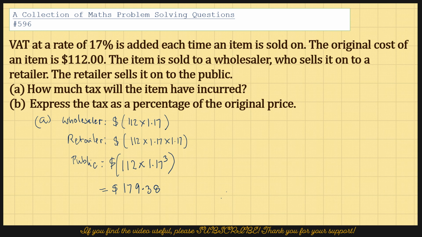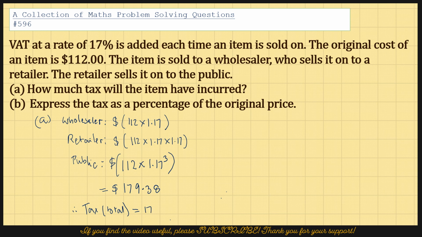So the question now is, how much tax will the item have incurred? The total tax would be, you just have to take away 112 from 179.38.